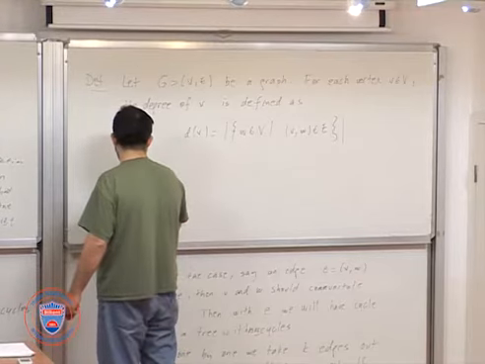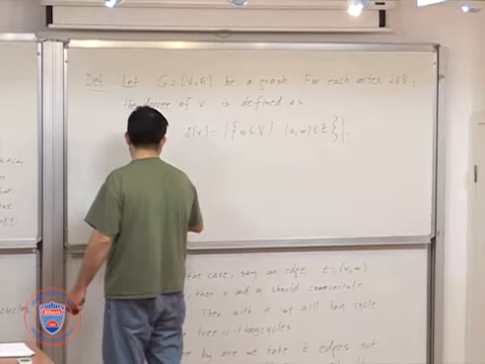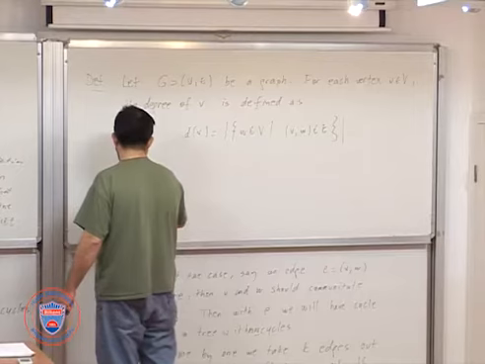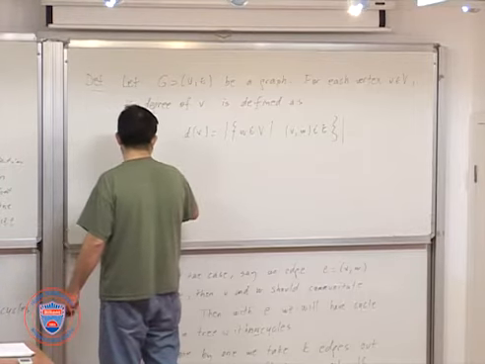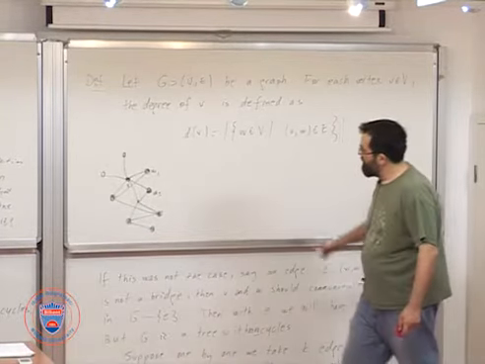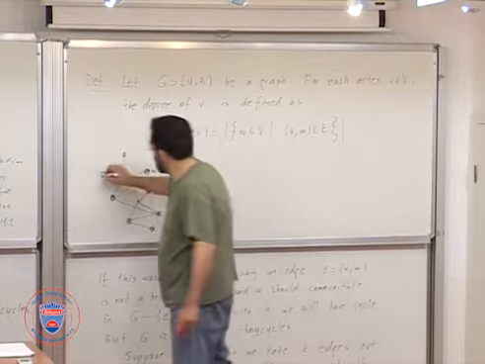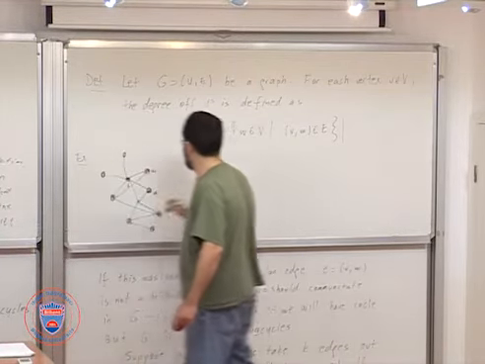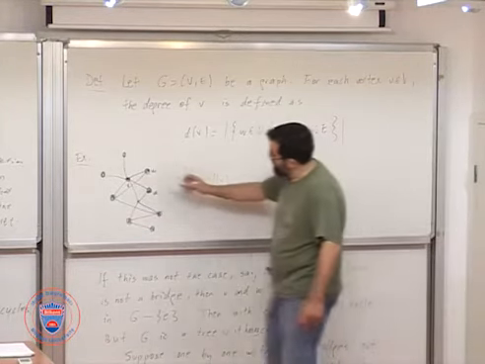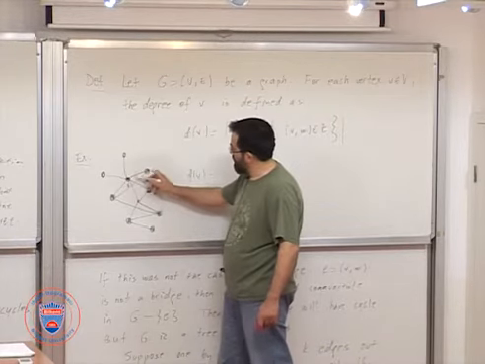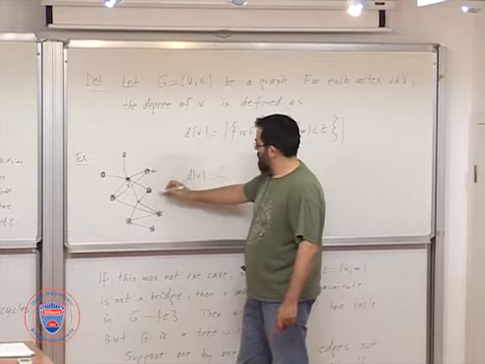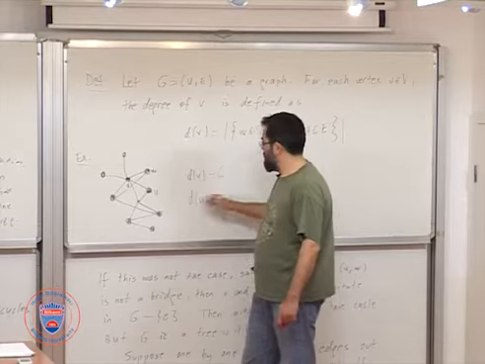So it could be a complicated graph, but all you care about is how many edges are attached to a vertex. So here, for example, for this vertex, you look at 1, 2, 3, 4, 5, 6. So for that it's 6. For this vertex, there are only 2.